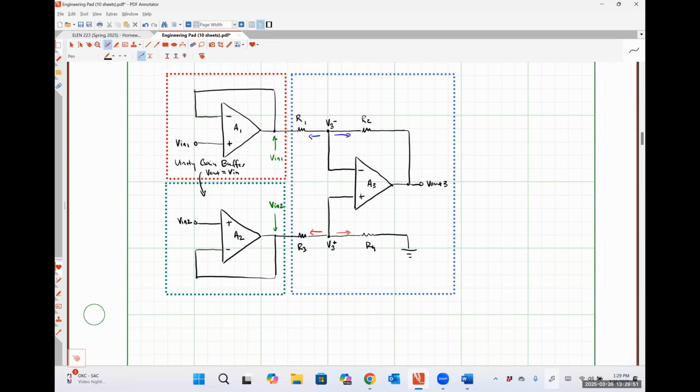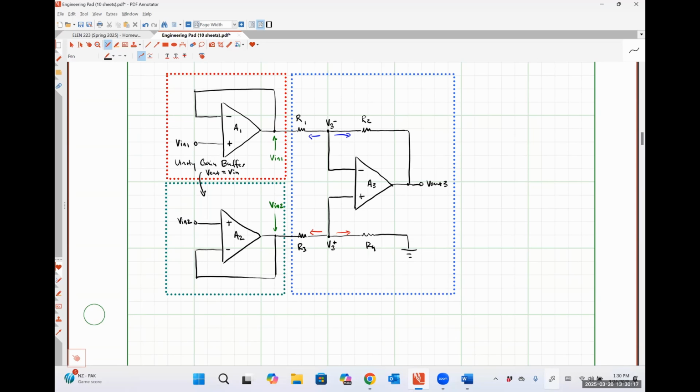Yes. Why did they show up, those red and green boxes? So we didn't short them. They are shorted. But that gives us a unity gain configuration. Okay. So that is a way for this amplifier to force the output of that buffer stage to be equal to the input of that buffer stage.